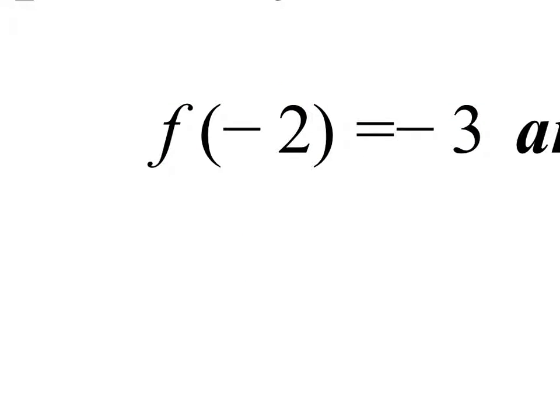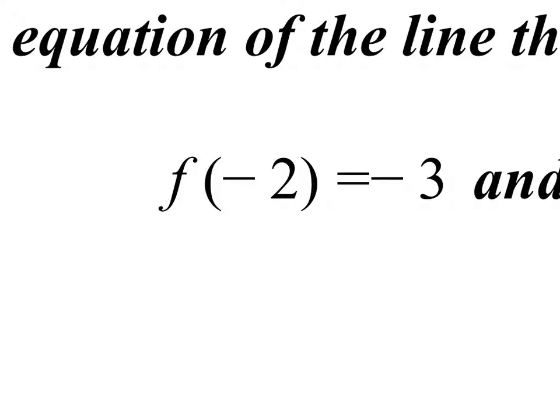What is the name of this function? F. Which number are you inputting? -2. And then when you input a -2, what do you get out? -3. So this is the input. I would write this down.